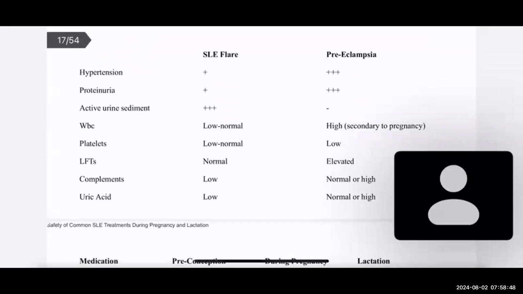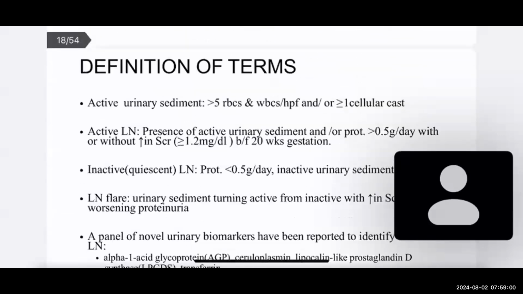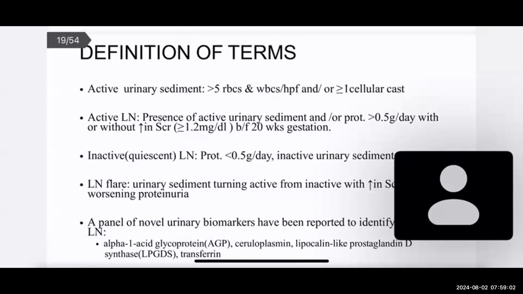This is just a table helping us to appreciate the differences between SLE flare and preeclampsia, and then a table showing us the medications that are said to be safe in pregnancy and even in lactation. Just a few definitions of terms. When we see a patient has active lupus nephritis, it is because there's a presence of active urinary sediment and/or protein greater than 0.5 gram per day, with or without increase in the serum creatinine.